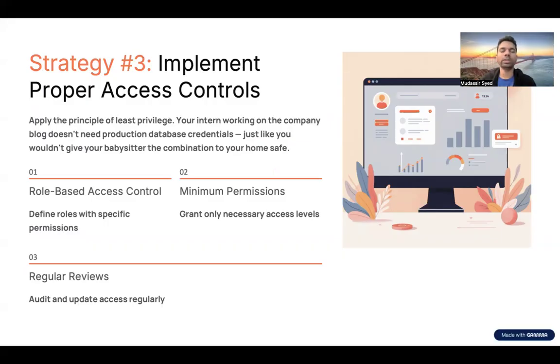So, who is using the credentials? What permission level do they have for those credentials that they're using? And are you reviewing them on a regular basis or not? Right. So, I would say use role-based access controls, which are defined for specific roles.